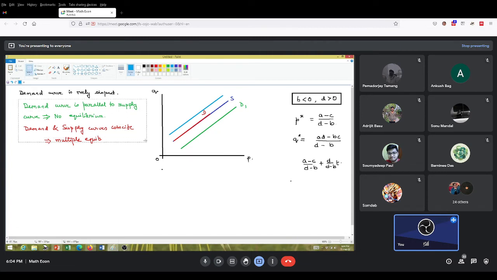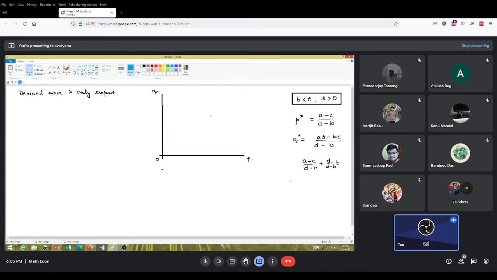What is more interesting is if you have a situation when they are not parallel. So this is the supply curve. After the tax is imposed, price shifts downward.